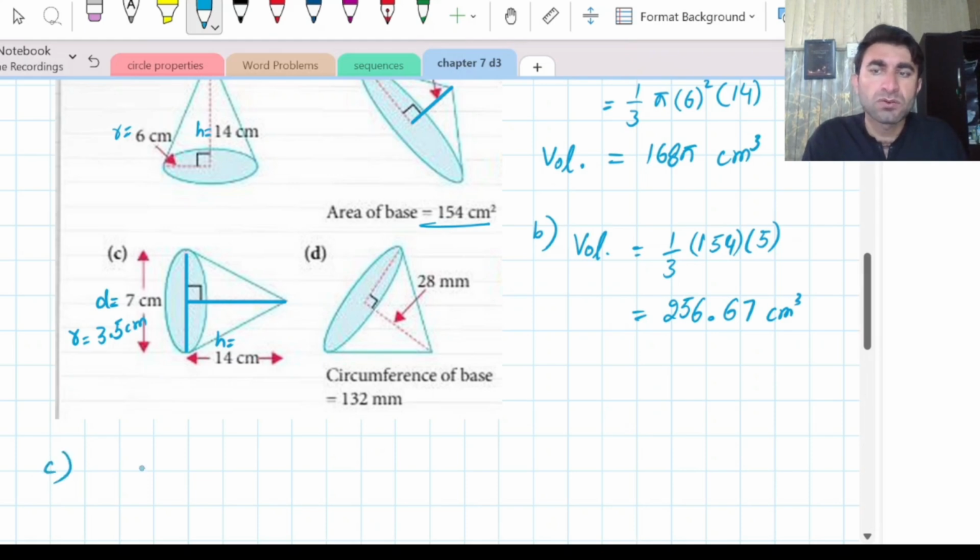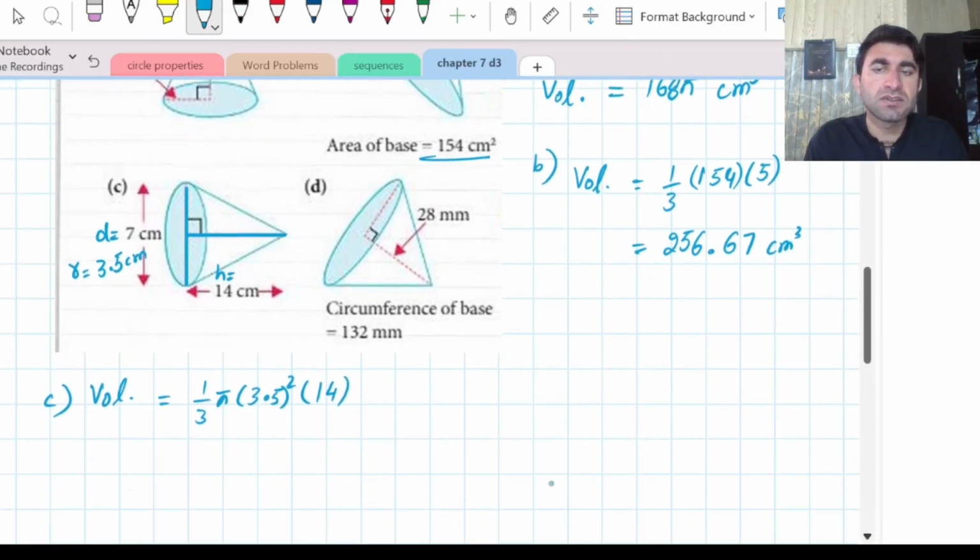So the volume shall become 1 upon 3 into pi times radius 3.5, so 3.5 square multiplied by height which is 14, and the rest is again calculator's work. So it becomes 179.6 centimeter cube. So that is the volume in part C.